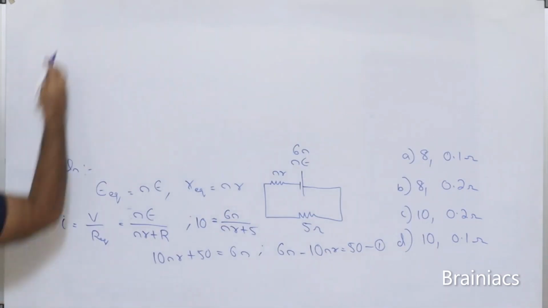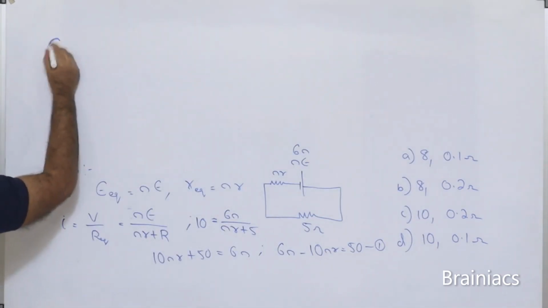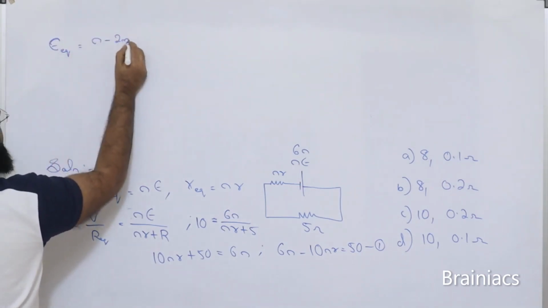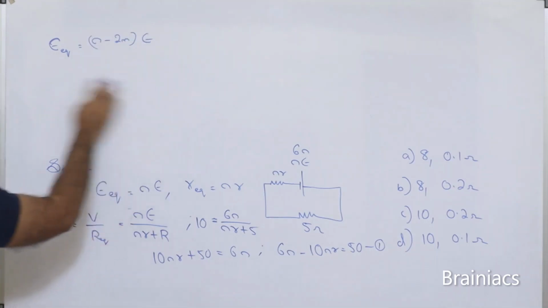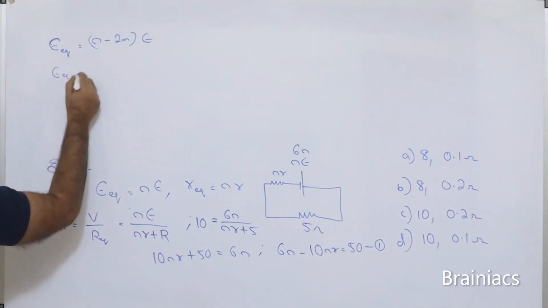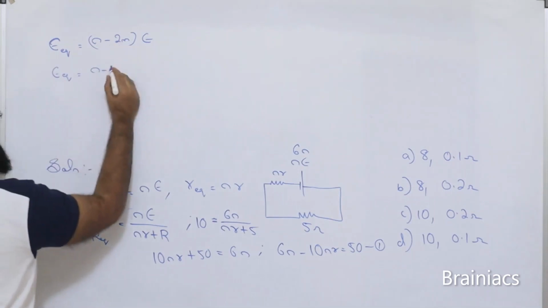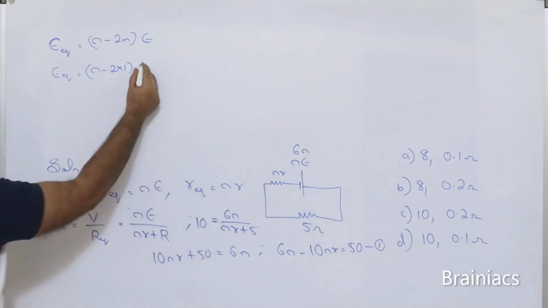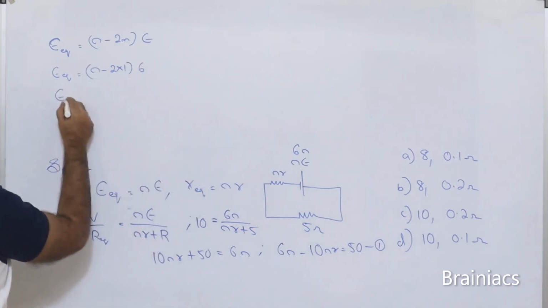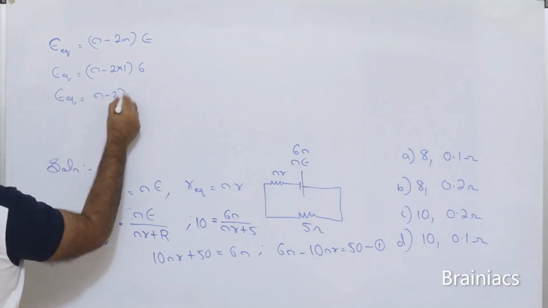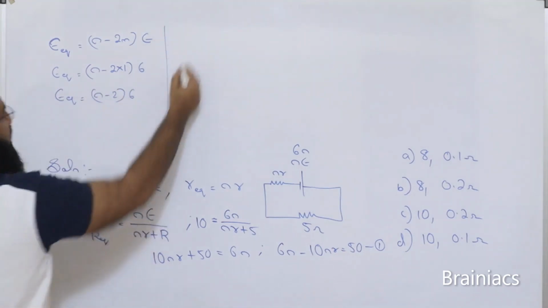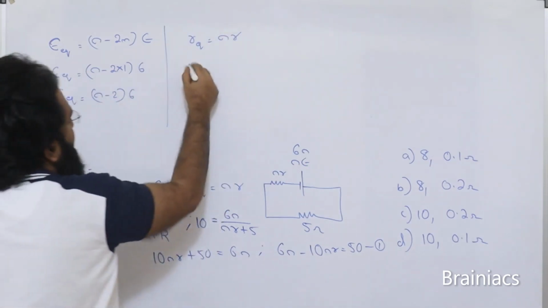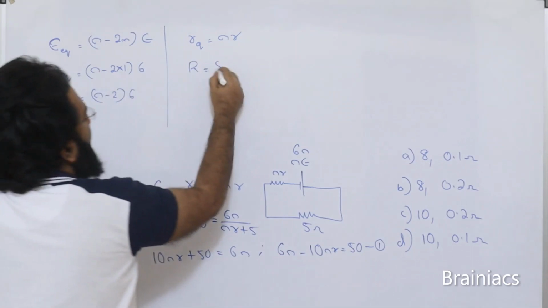Now the equivalent EMF will be n minus 2m into E. So equivalent EMF is n minus 2 into 1, into the EMF 6. So this time equivalent EMF is 6 into n minus 2, and equivalent internal resistance has no change, it is nr itself, and external resistance R is 5 ohm.